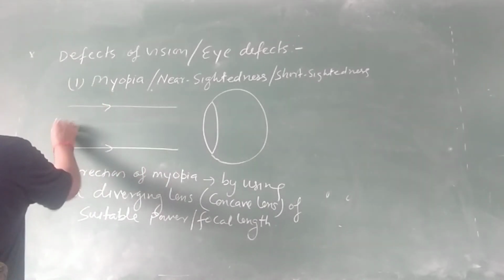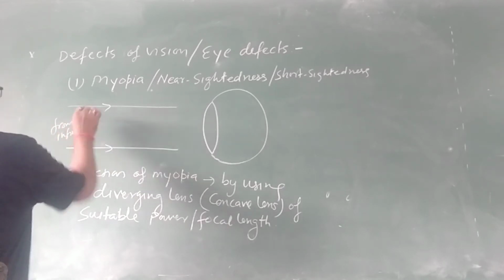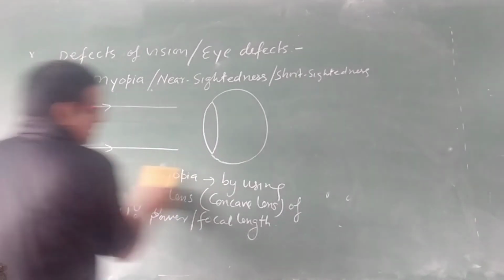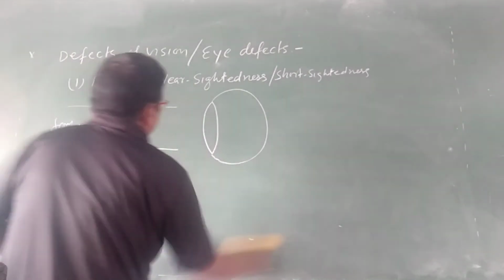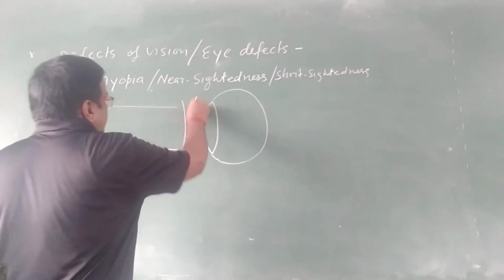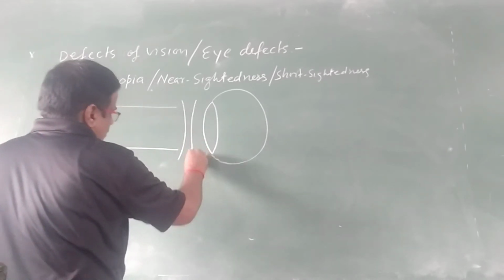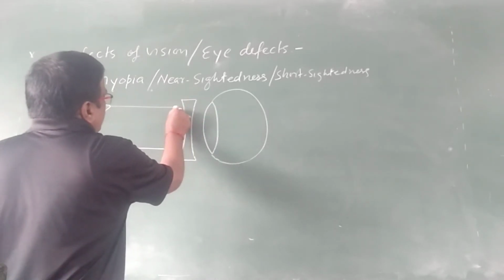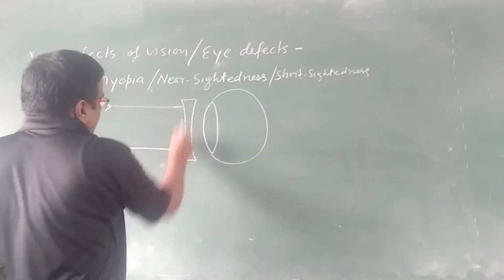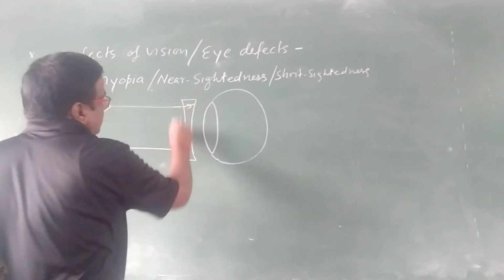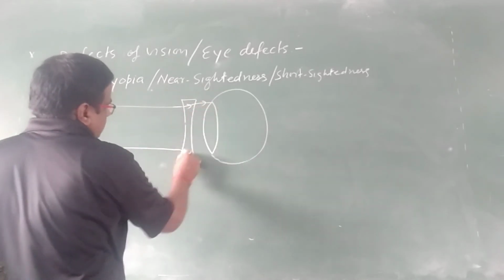The object is at infinity. In the path of this light ray, if we place a diverging lens of suitable focal length or power, what will happen? It diverges.